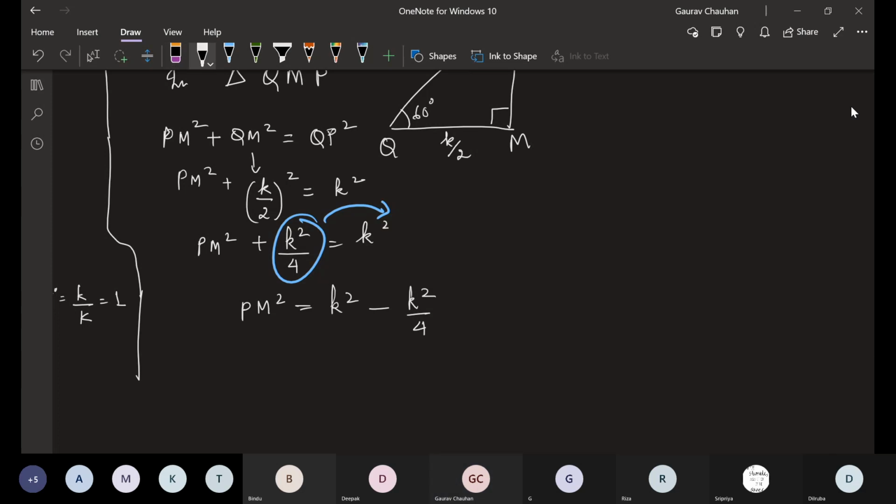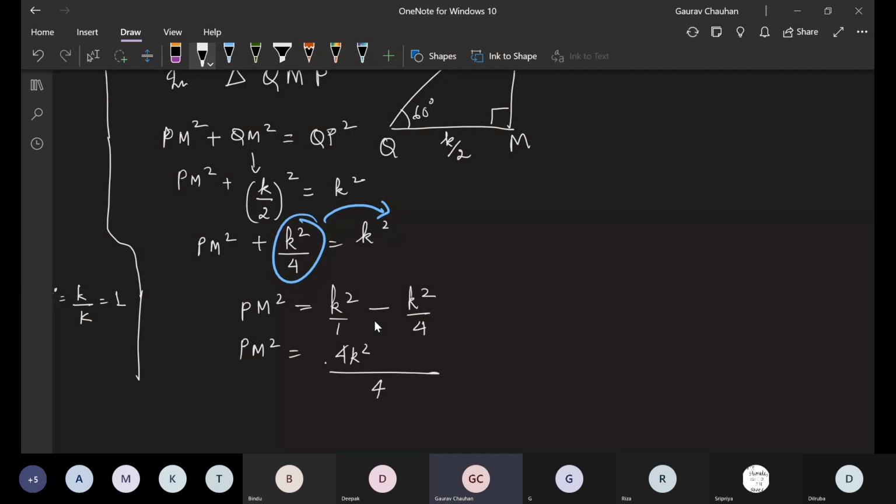Now, PM square is equal to, what will I do on the right side? G, continue, please. Sir, k square by 1, sir, so we can multiply by 4, sir. So 4k square by 4.